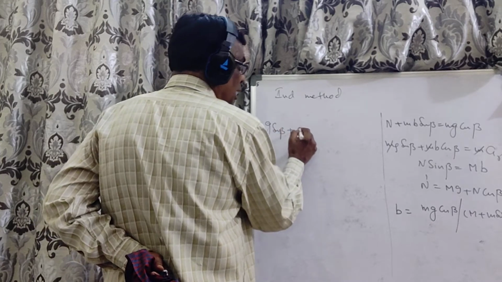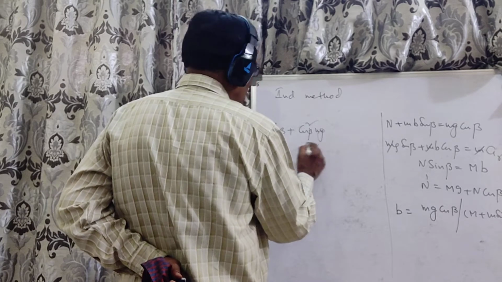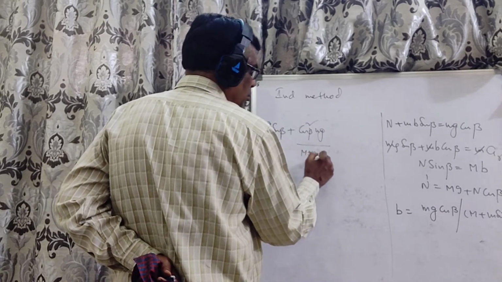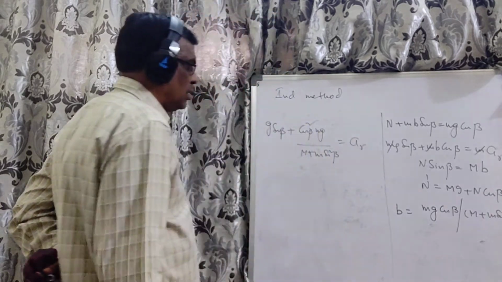g sin beta plus g sin beta cos square beta by M plus m sin square beta is a_r.